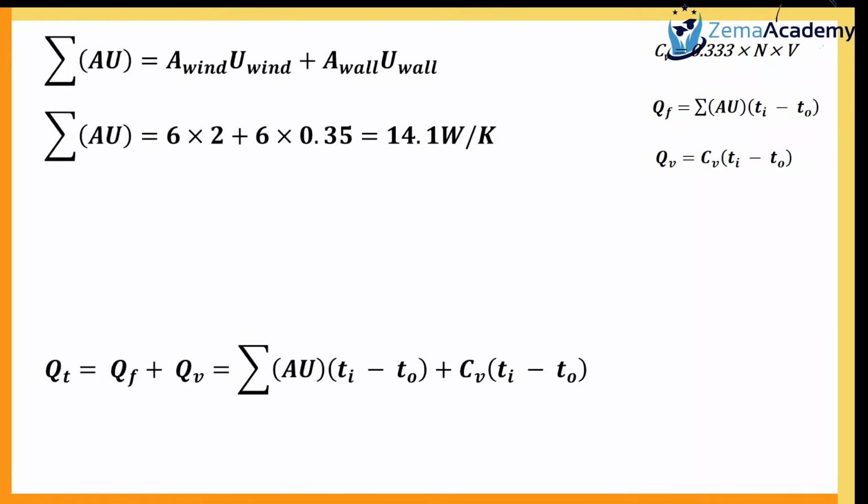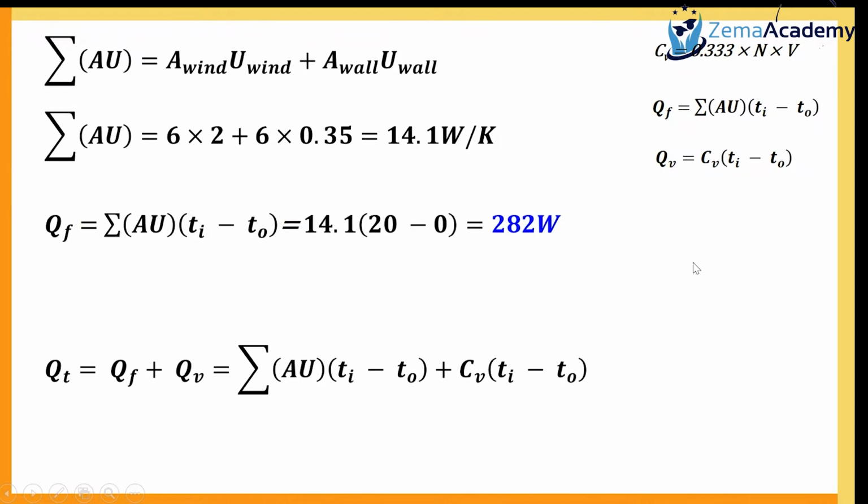Let's check. This comes out to be 14.1 thermal conductance, fabric part, and the heat loss comes to around 282 watts. Similarly, the ventilation conductance was 20, the inside temperature was 20 and outside was 0. So our ventilation heat loss comes out to be 400 watts.